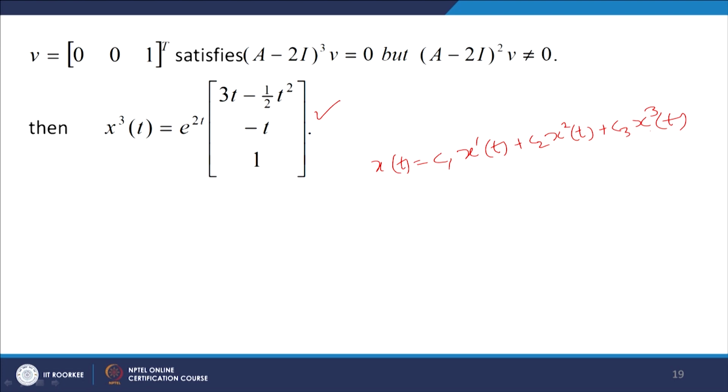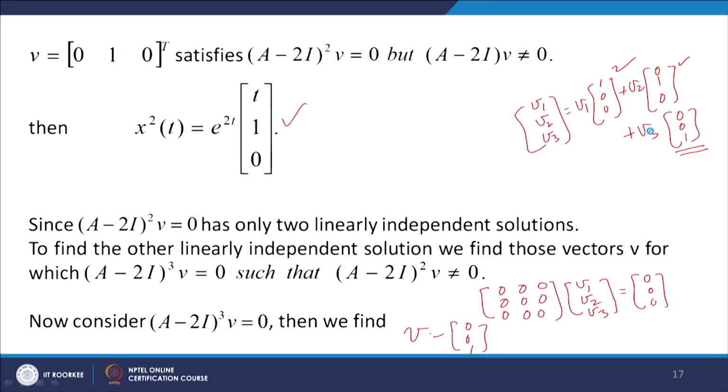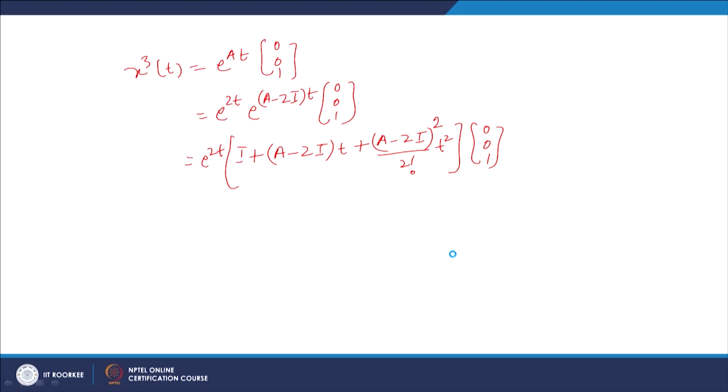Now, we use the initial condition. The initial condition is x(0) equal to (1, 2, 1). So when we use x(0), we will have C1 x1(0) plus C2 x2(0) plus C3 x3(0). Now, x1(0) is what?